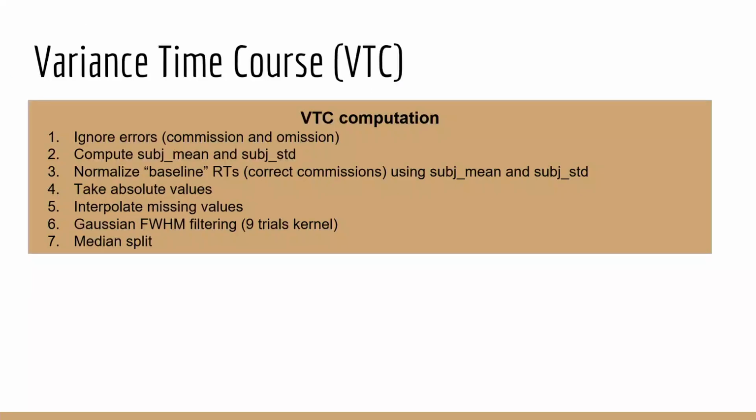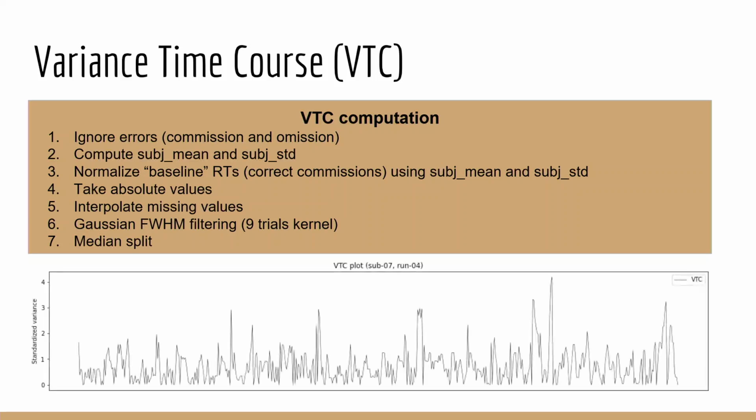And then we computed what they call the variance time course of reaction time, which is basically just taking the baseline trials, so the frequent trials for which there has been a response, and normalizing these trials per subject separately, then interpolating the missing values to obtain this kind of curve.